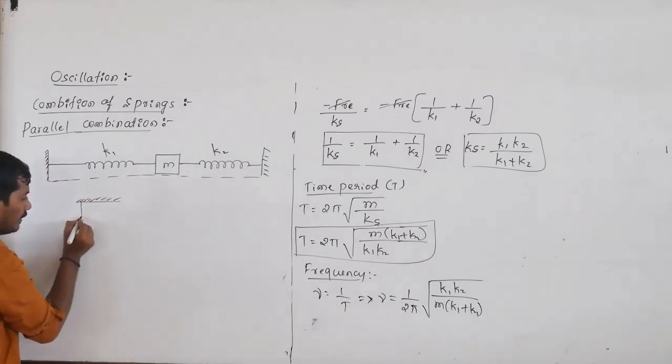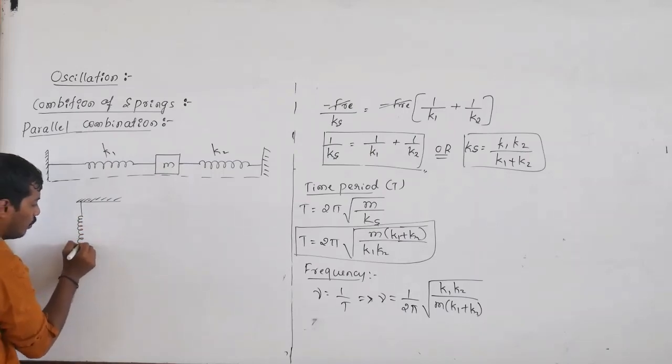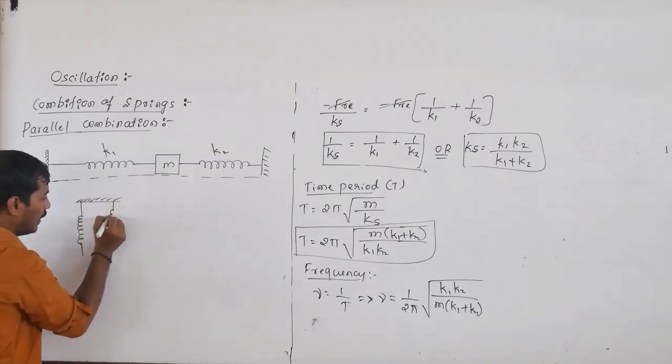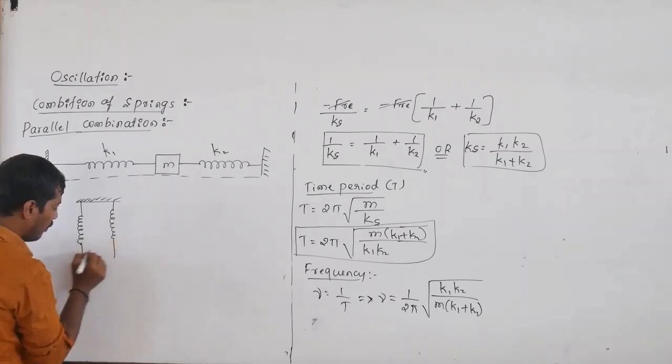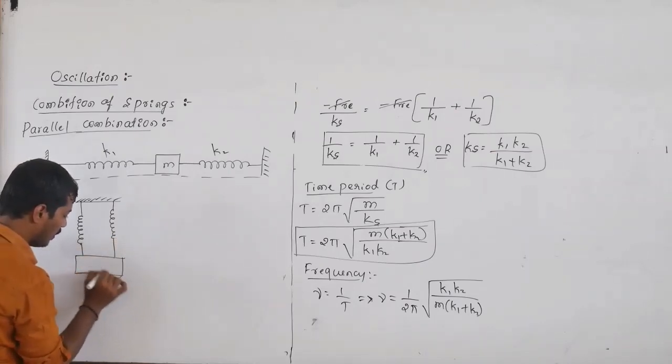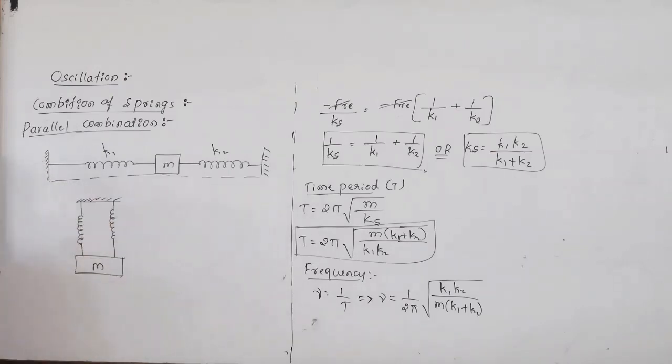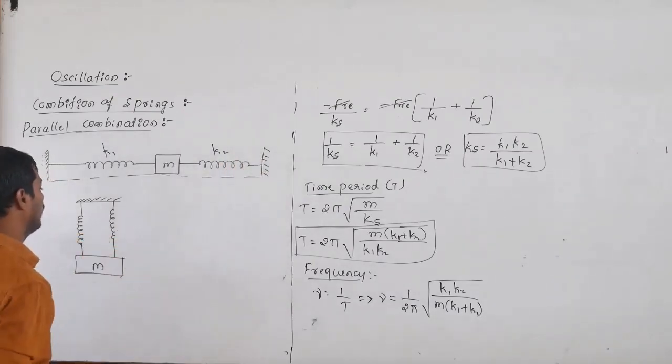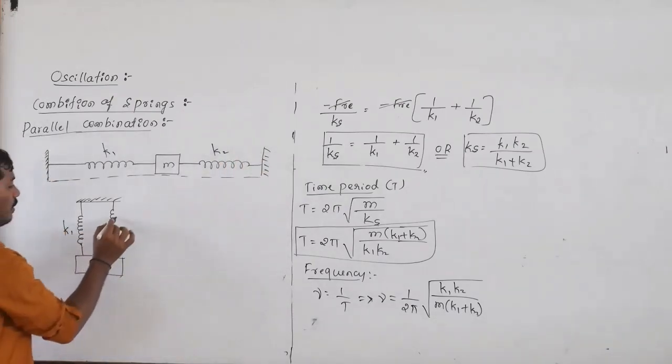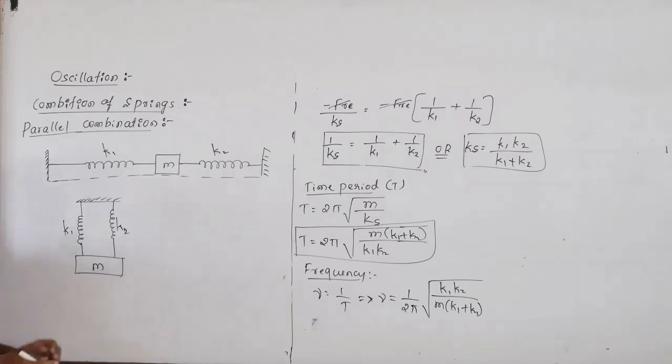One spring is connected to a rigid support, and another spring is also there. Both are connected to a single mass, that is m. Both diagrams are the same here. K1 and K2 are there.